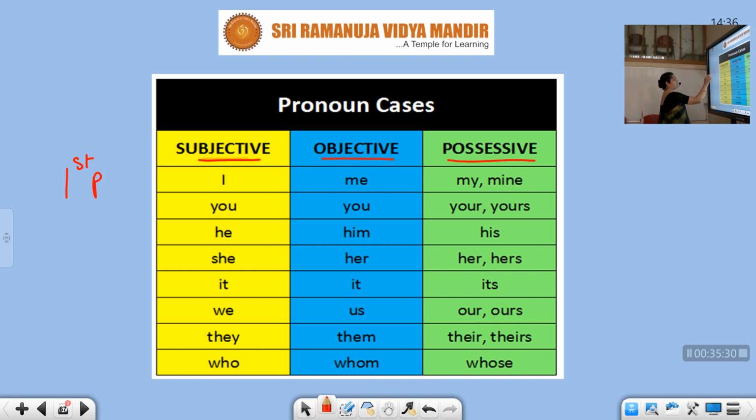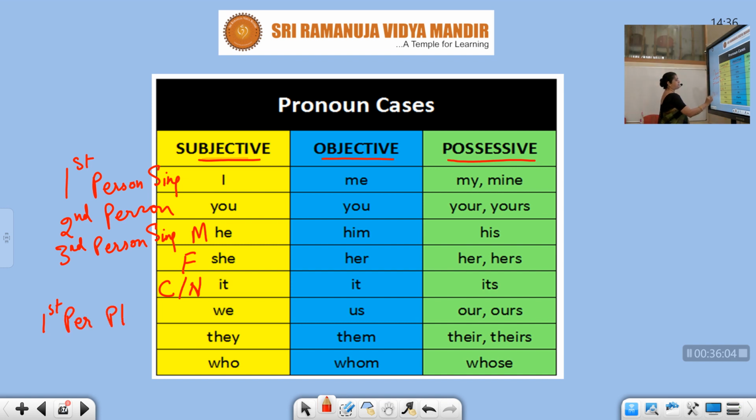This is second person. This is third person singular, masculine gender. This is feminine gender. This is common or neuter gender. This is first person plural. This is first person plural, students. This is third person plural.